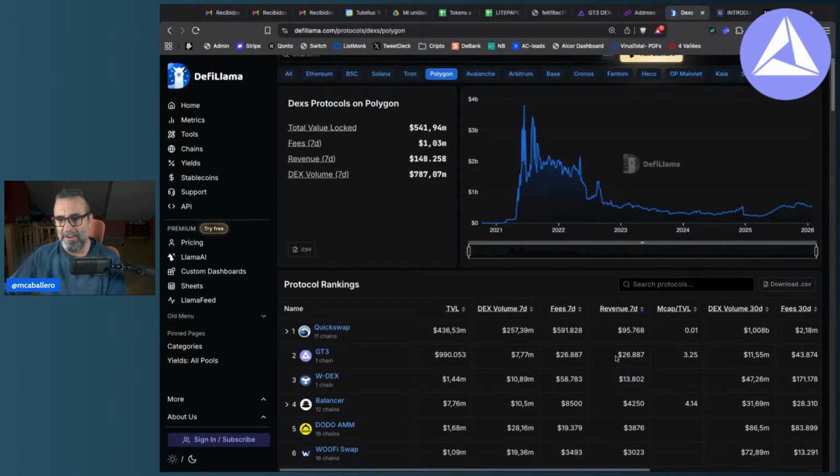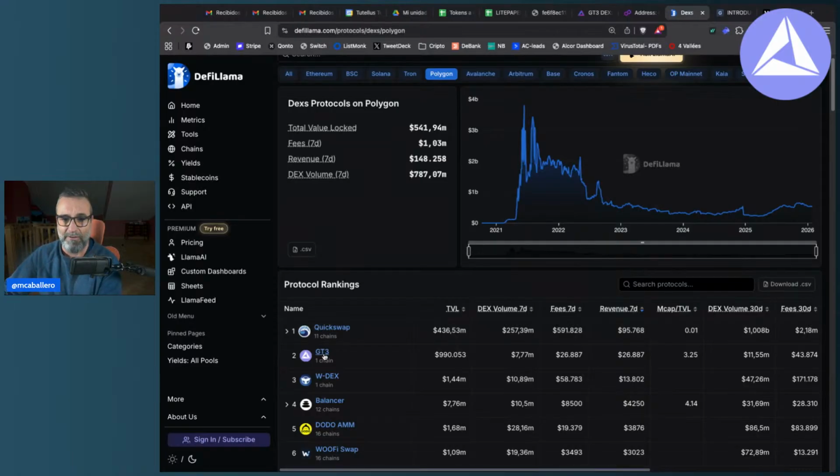We generated $27K in the last 7 days and QuickSwap $96K, like 4 times, but they have 400 times the liquidity we have. So we are a very efficient protocol in generating passive income.